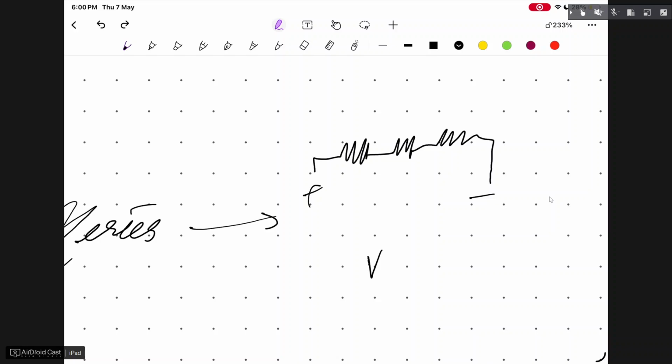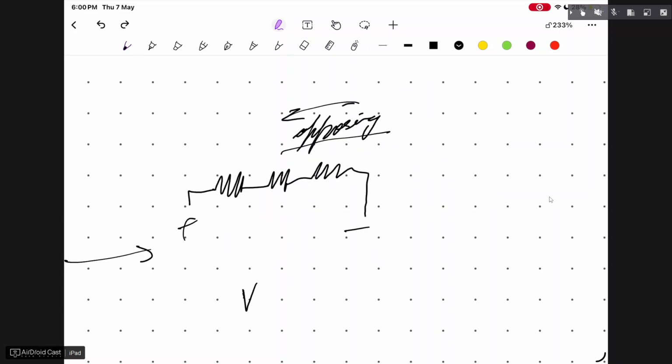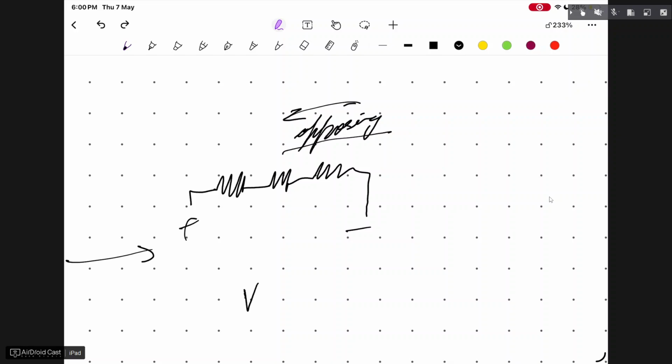V, that means the work that is needed. More work will be needed, right? Because it says resistor, it means it's a resistance, it means it's opposing. Since it's opposing, we need electric potential so that the charge can go from the positive terminal to the negative terminal.